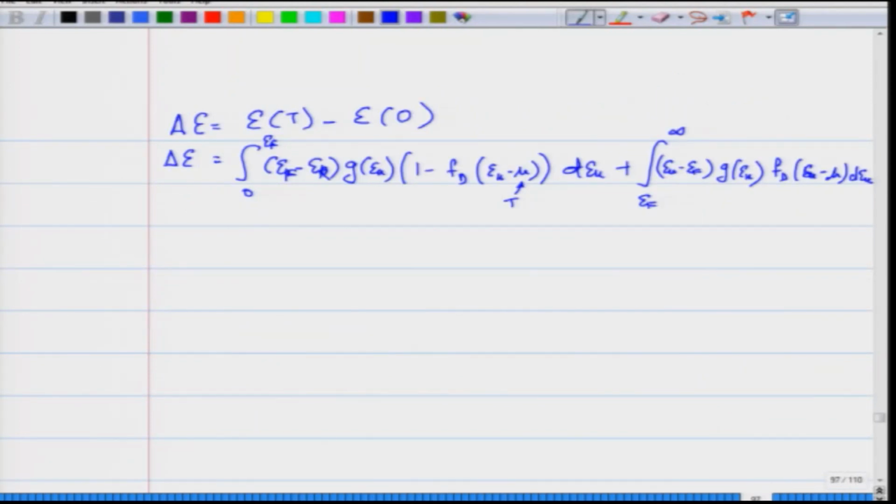So, the change in energy is the integral from 0 to EF, the Fermi energy, of (EF minus Ek) G(Ek) (1 minus F_D), plus the integral from 0 to infinity of (Ek minus EF) G(Ek) dEk. The specific heat now can be calculated because if you take the derivative of this change in energy, for an infinitesimal change in temperature the infinitesimal change in energy is the following, and so you take the derivative dE by dT, it is the specific heat.